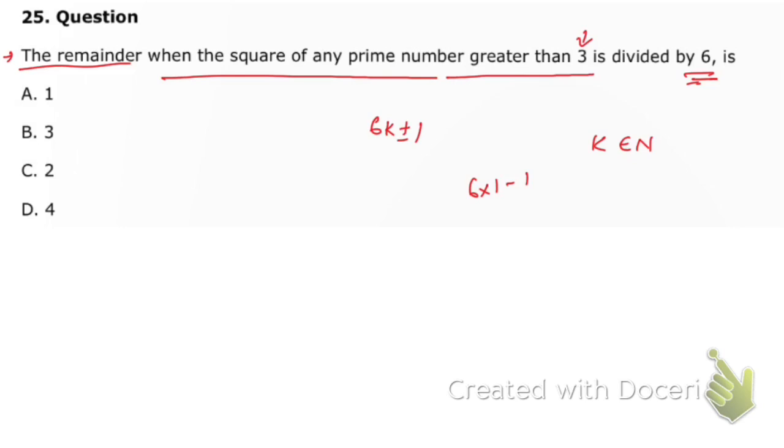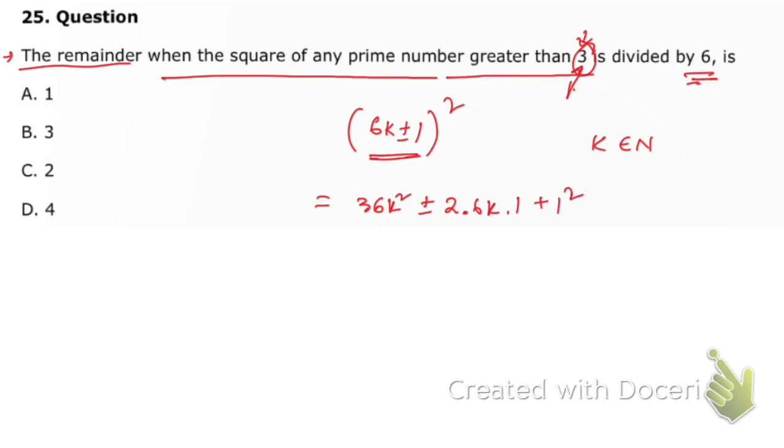It is not necessary that it must always be 5, there are infinite prime numbers greater than 3. So I have taken this form, and if you take its square, it's going to be 36k squared plus or minus 2 into 6k, then plus 1 squared, right?